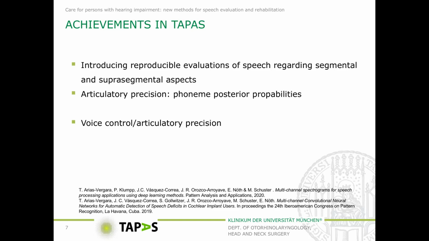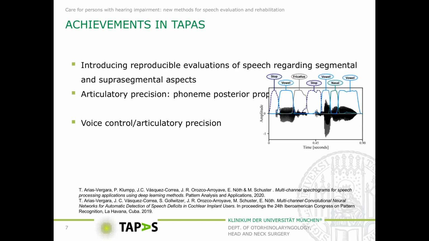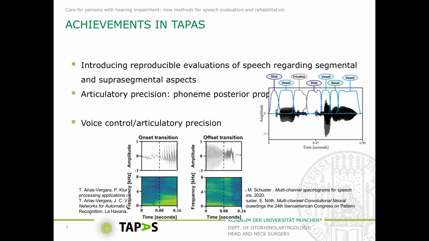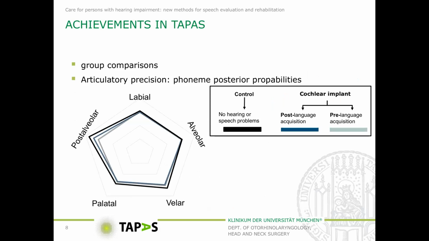For instance, phoneme posterior probabilities, which Thomas presented yesterday. We can measure how good the articulatory precision is, or to get some information about voice and articulatory precision, we can measure the onset transitions and offset transitions. And of course, we see some differences between these groups.